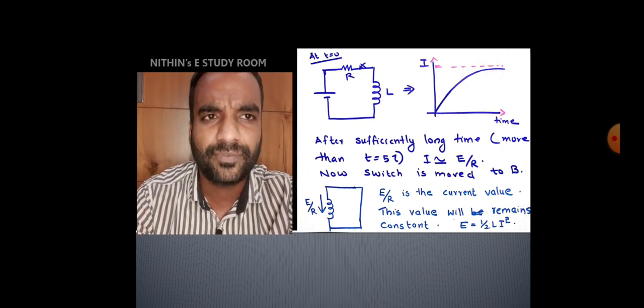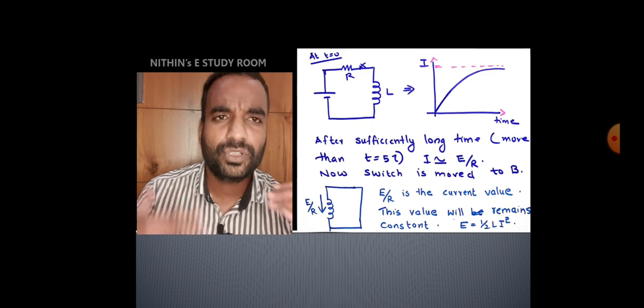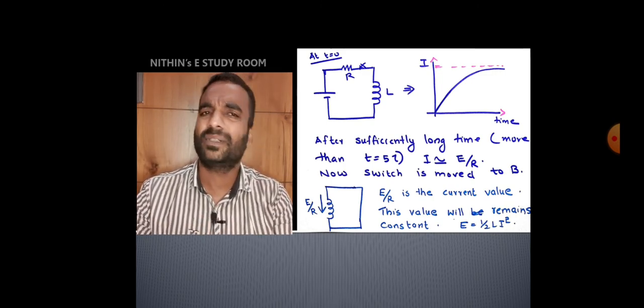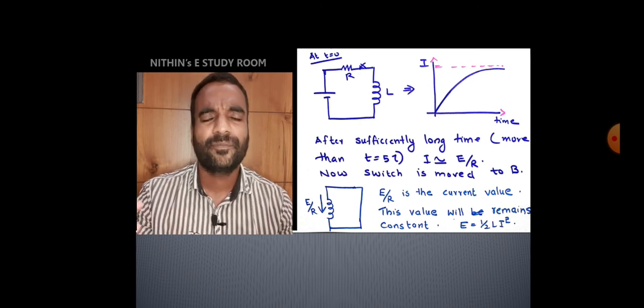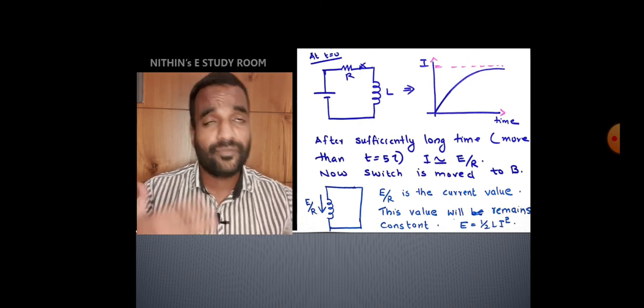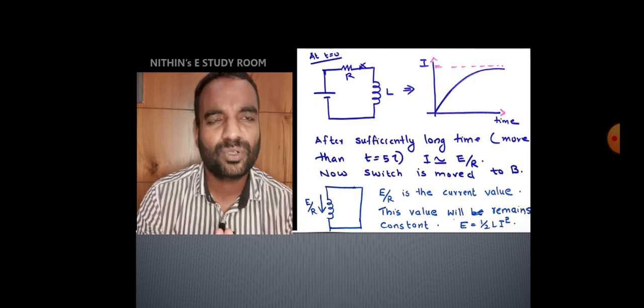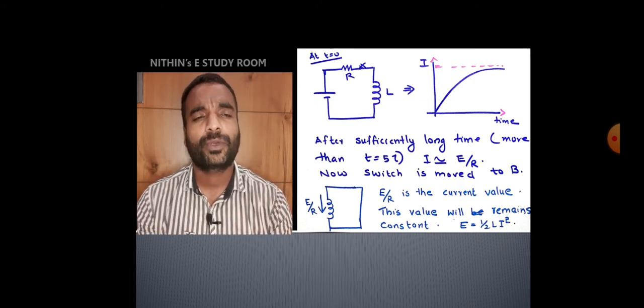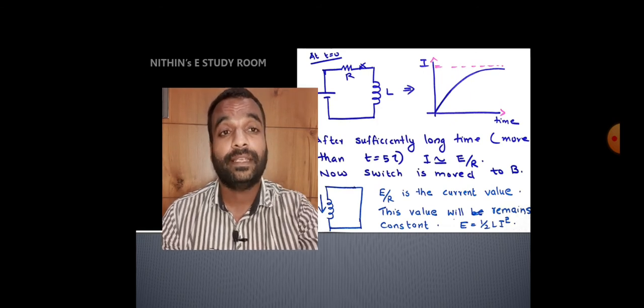It will be here somewhere. So after that time, it has almost reached 99%. Now, no need to wait a long time for it to reach 100%. It is not needed. Anyhow, it has reached 99%. It is satisfactory. Now, you can move the switch to position B.